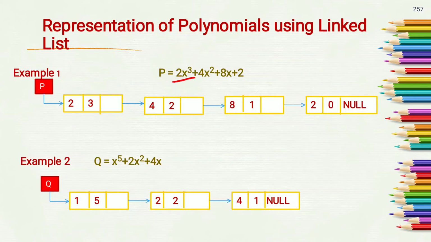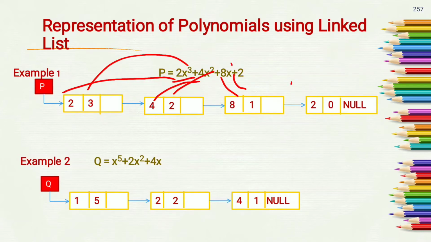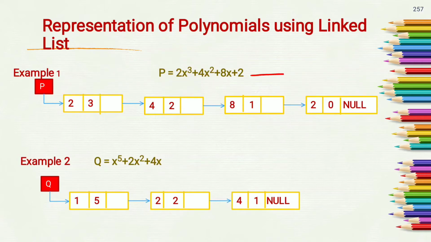In this term the coefficient is 2 and exponent is 3. In this term coefficient is 4, exponent is 2. In this term coefficient is 8, exponent is 1. In this term coefficient is 2, exponent is 0, because here we consider 2 into x to the power 0, and so value of exponent will be 0. There is no other term after 2, so we store null into link field of this node.